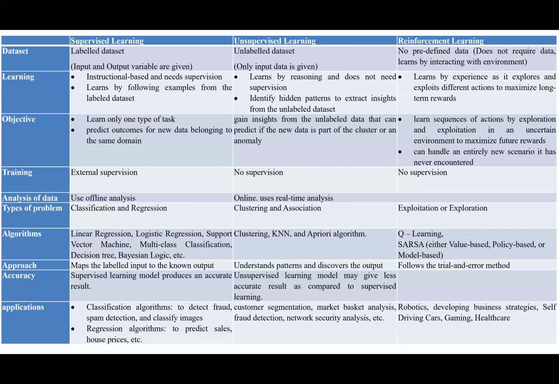That's why reinforcement learning is very popular for robotics, developing business strategies, self-driving cars, gaming. In healthcare also we use reinforcement learning. So these are the different applications of different types of learning.